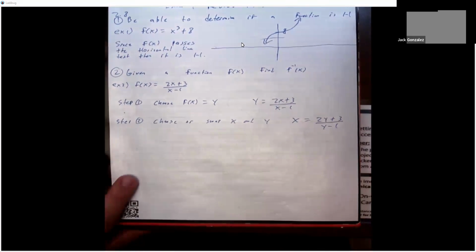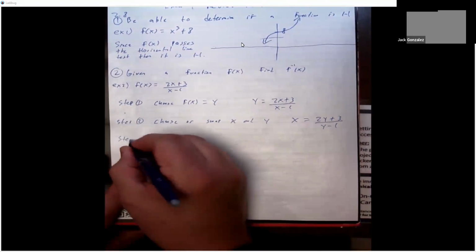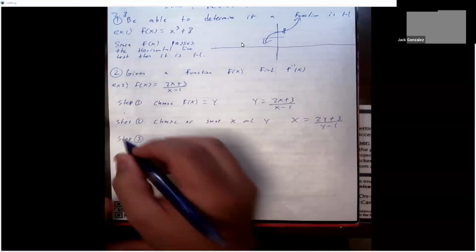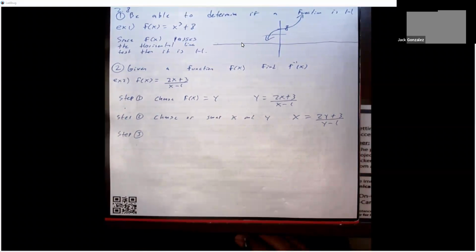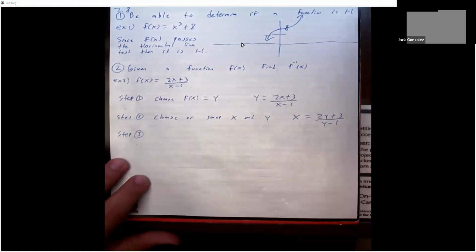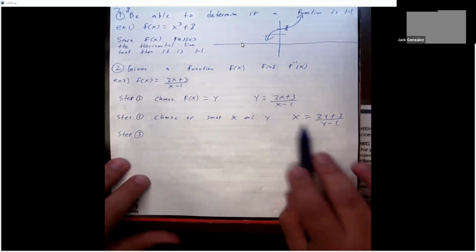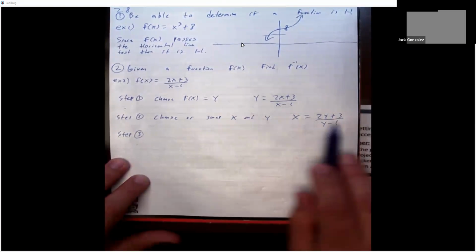Step 3 is the actual work. But if you get this far, you've got a bunch of points already, so that's good. You could think of it as cross multiplying, however you want to think about it. Technically, I'm just going to cancel the fractions by multiplying by y minus 1.